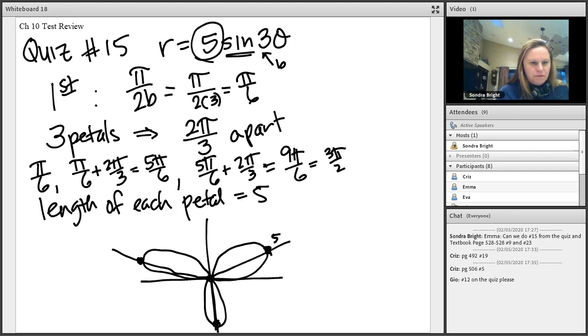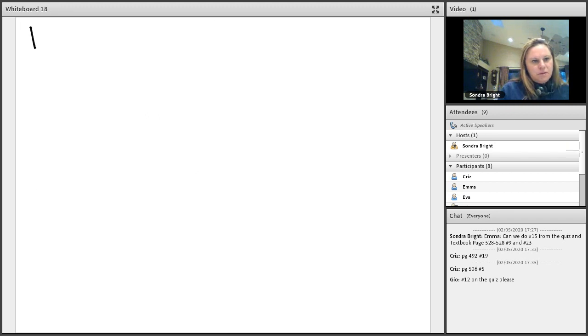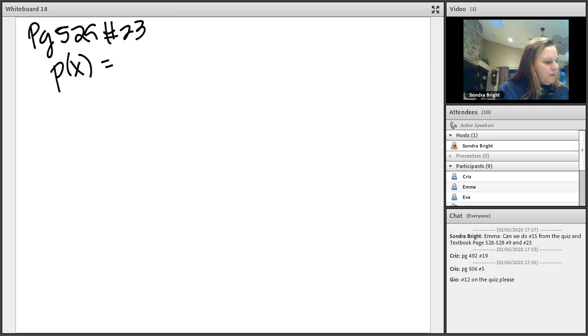Okay. So page 529, number 23 is factor the polynomial x cubed minus 16 into linear factors with complex coefficients.